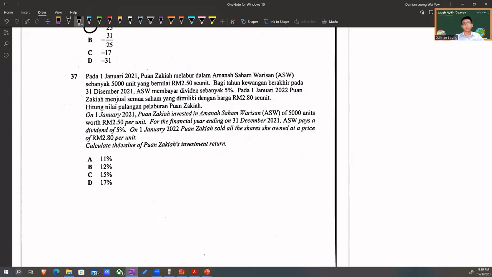Yeah, the ROI, which is percentage of returns. So I find dividend, which is 5%. Yeah, I consider 5% of the RM2.50 lah. Yeah, so times number of units, 5,000 units.